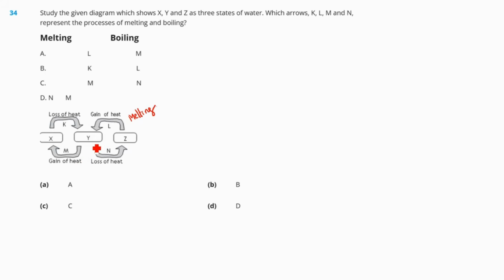Yes, boiling can be M, gain of heat. This is boiling. So our correct answer should be option number A.